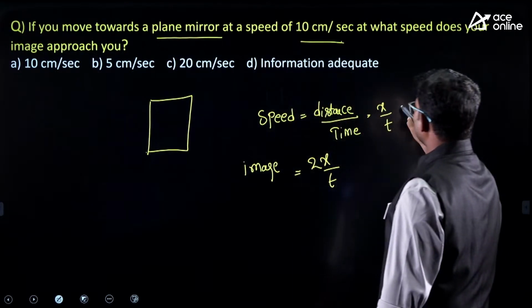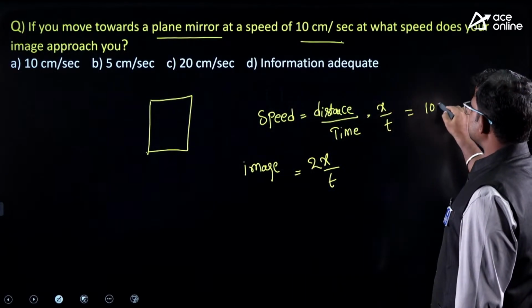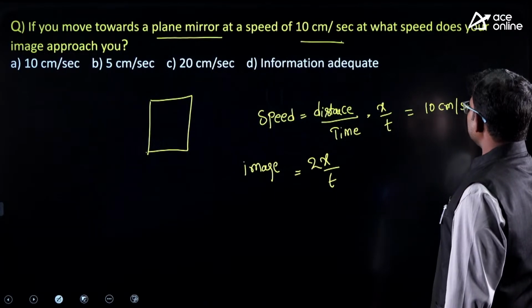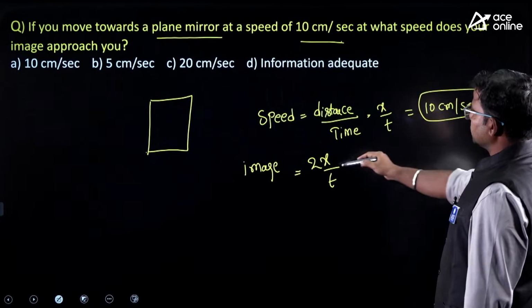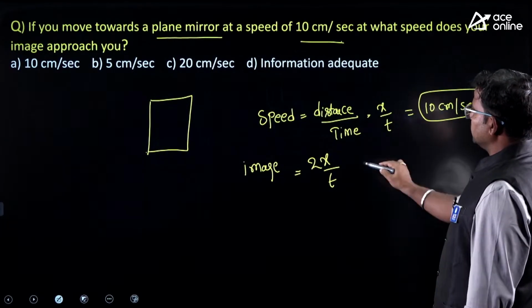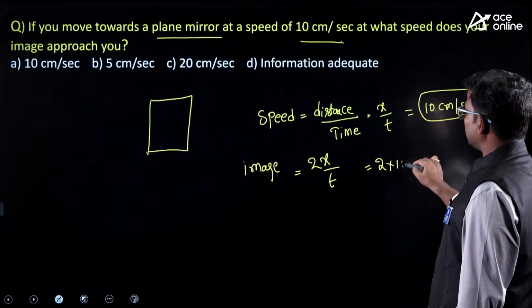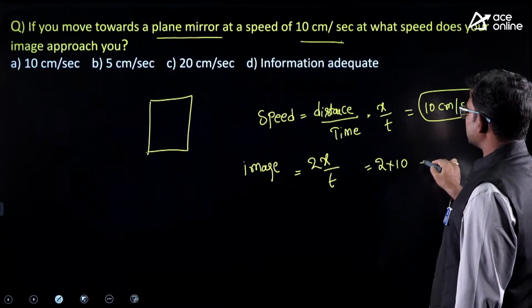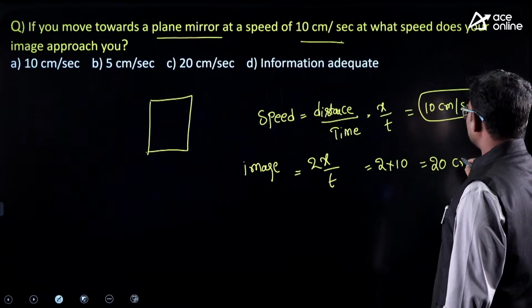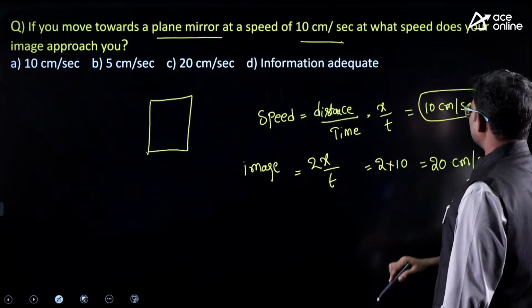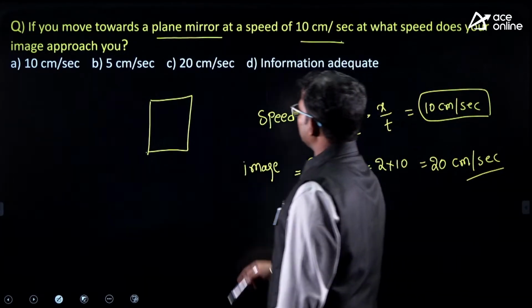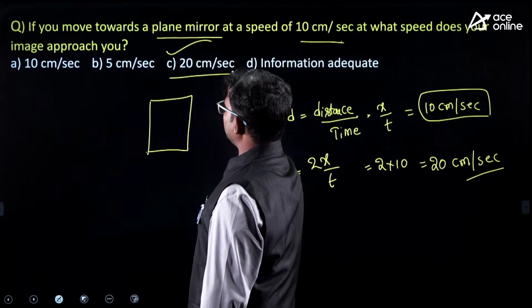We already know that x by t is equal to 10 centimeters per second. So here the formula is 2x by t. So 2 into 10 centimeters per second. So finally what we get? 20 centimeters per second. So due to that, we have to consider option C is the right answer.